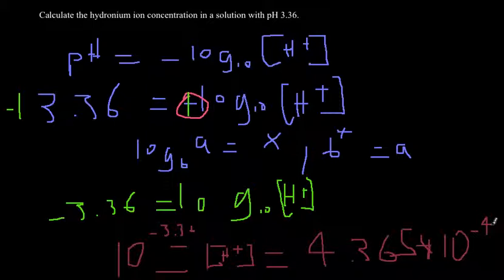If you plug it into your calculator, you'll get that answer. But you notice that in the problem it gives you 3 significant figures. So that's why you have to have your answer with 3.